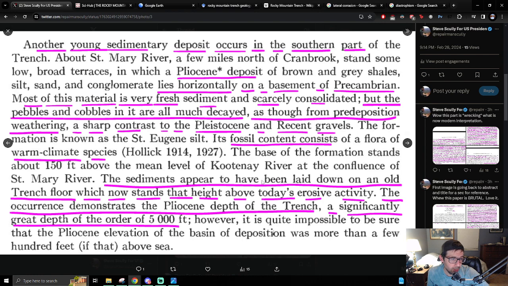The sediments appear to have been laid down on an old trench floor, which now stands that height above today's erosive activity. So notice there's depositions increasing the height too.